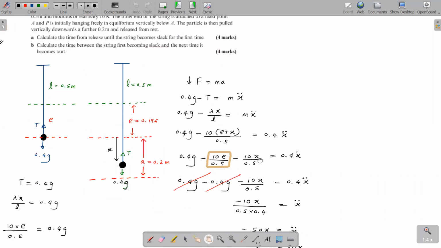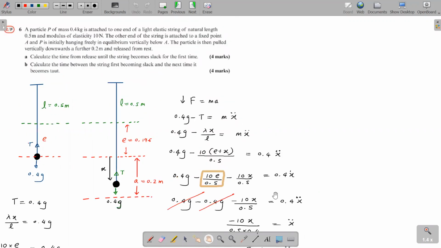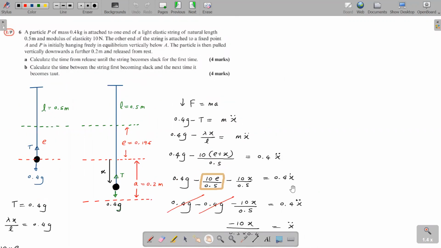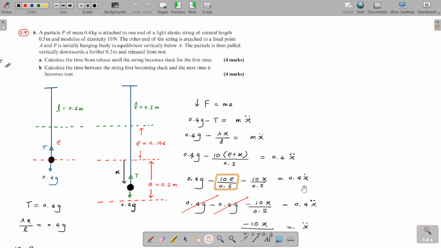Okay, so we just proved that the particle moves in simple harmonic motion. However, the question is to calculate the time from release until the string becomes slack for the first time. So guys, the first thing here is you saw that the amplitude is greater than the E value. So what does that tell us? If the amplitude is greater than E, do we have complete SHM or only a partial SHM?